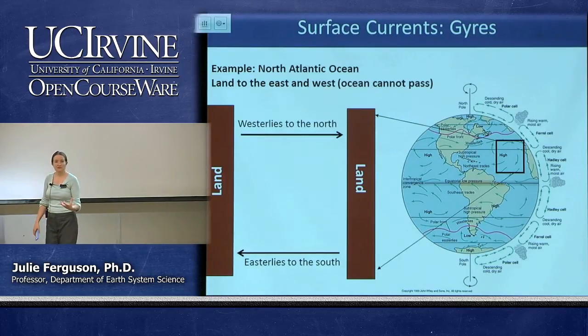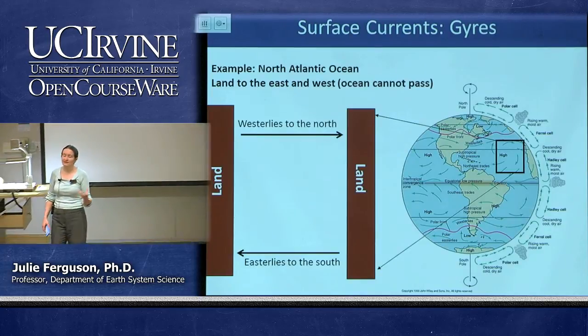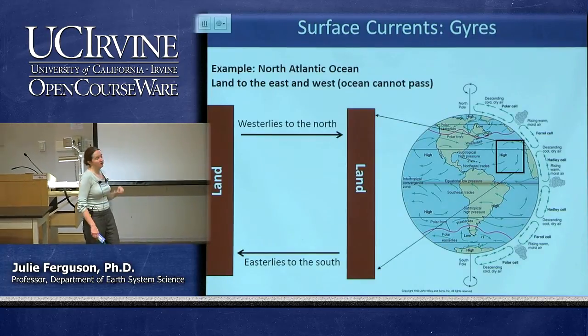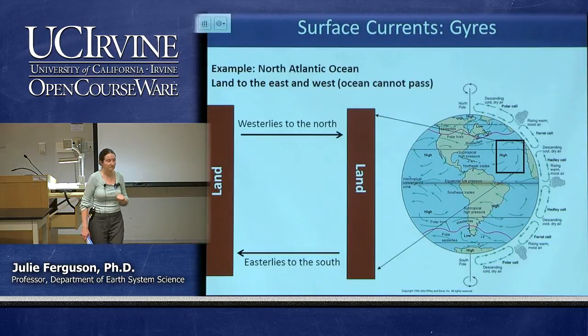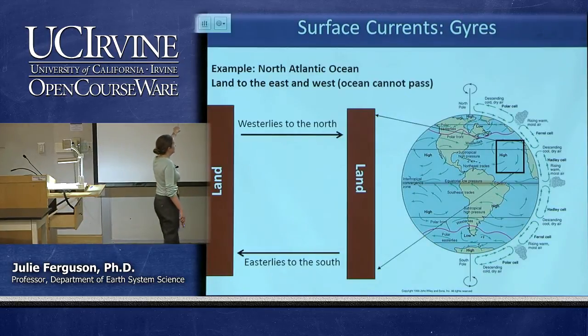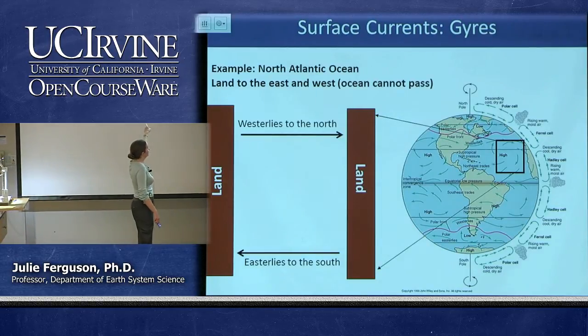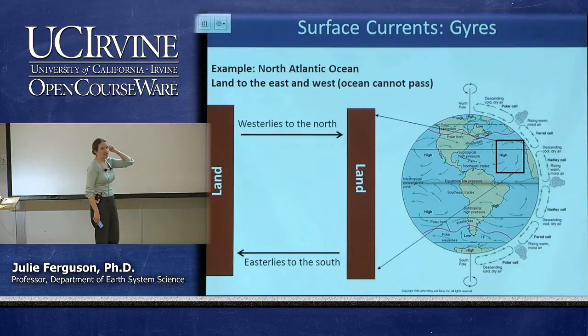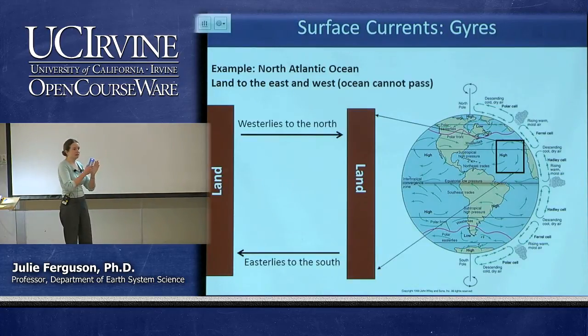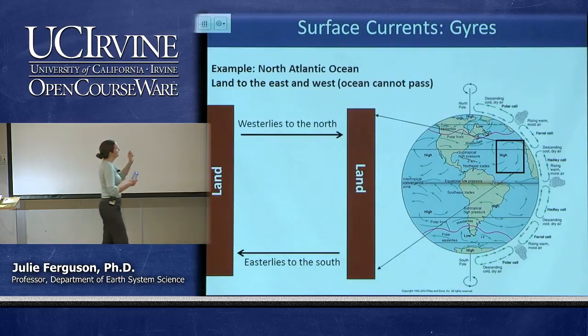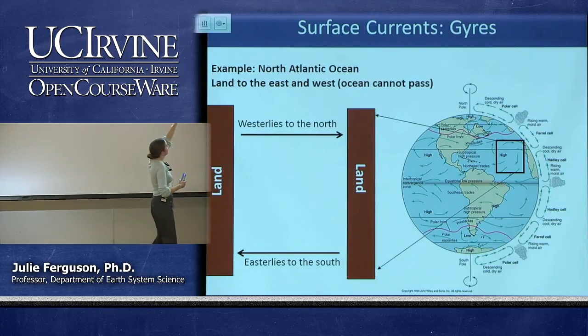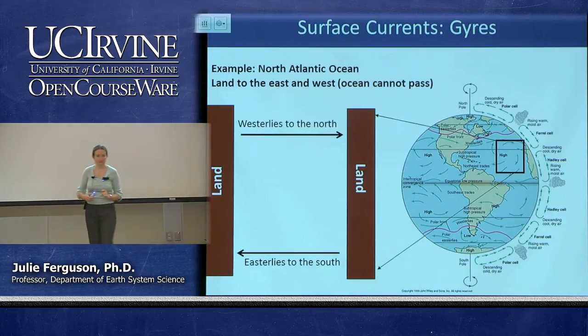And because of our three-cell conceptual model, do you remember we had more or less easterly winds going along near the equator? So down here we have our easterlies to the south near the equator, so winds moving in this direction. And then because of our Ferrel cell, we had winds moving in the other direction, we have westerlies to the north.